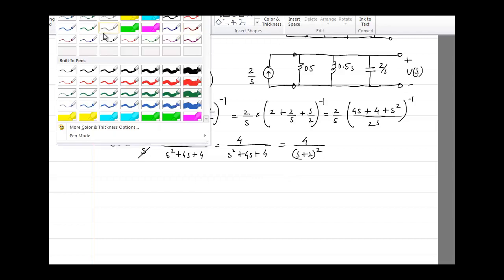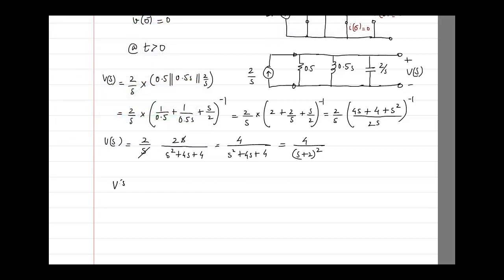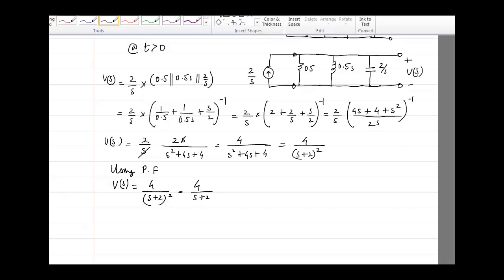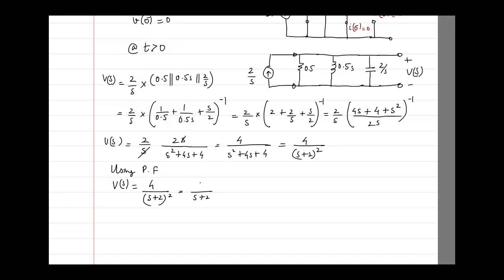And we know how to solve this further by writing V of s using partial fractions. V of s, which is 4 by s plus 2 the whole square, can be written as a divided by s plus 2, plus b divided by s plus 2 the whole square, wherein I can find this out by cross multiplying.